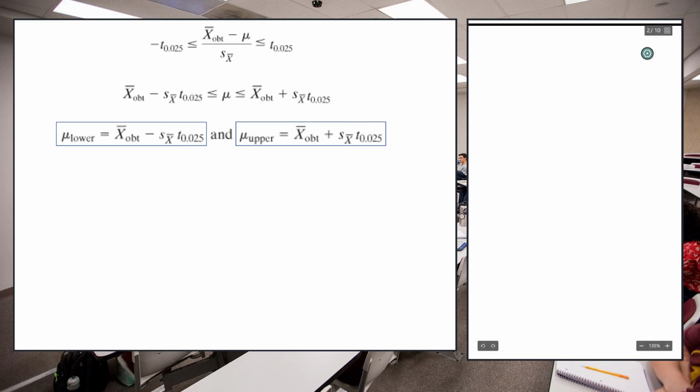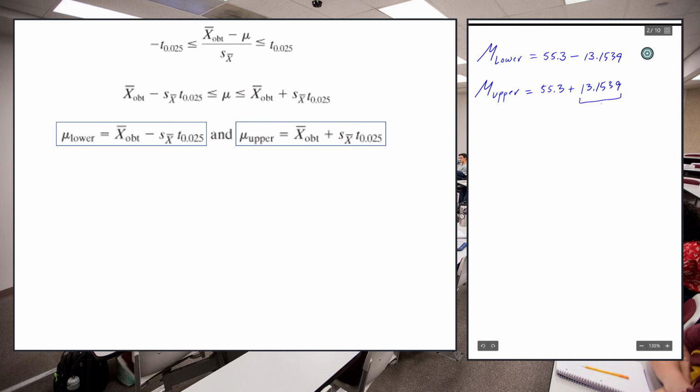So mu of lower is going to be equal to 55.3 minus 13.1539, and our mu of upper is going to be 55.3 plus 13.1539.